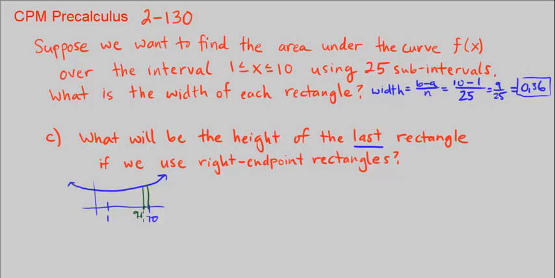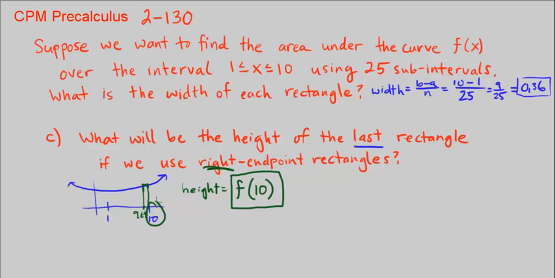I know this is 9.64 because when I add the width, I get to the next point. Since we're using right endpoint rectangles, the height is going to come from the right side, when x is 10. So the height of that rectangle is equal to our function f of x when x is 10, so I can just write it as f of 10, as we've been doing.